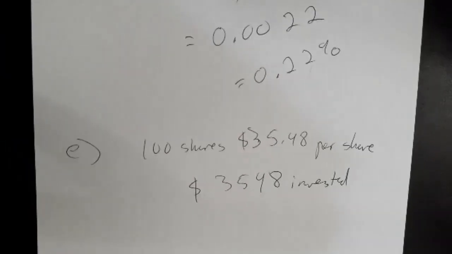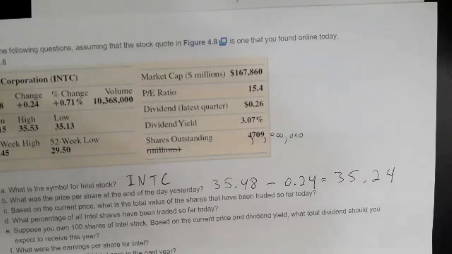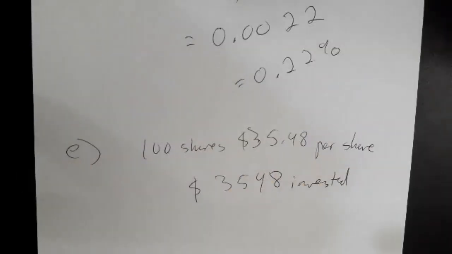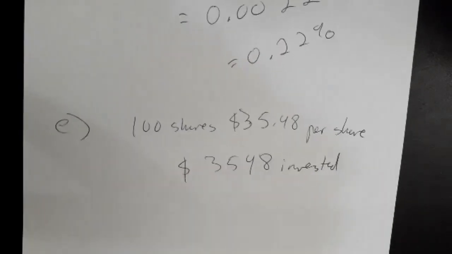And they want to know about the dividend on this. Based on the current price, we found how much we have invested. We know the dividend yield is 3.07%. So if you know how much you have invested, how would you find your dividend? Maybe it's a little too straightforward a question.